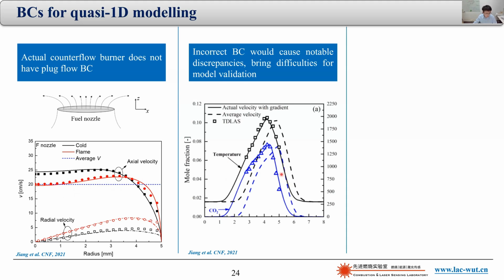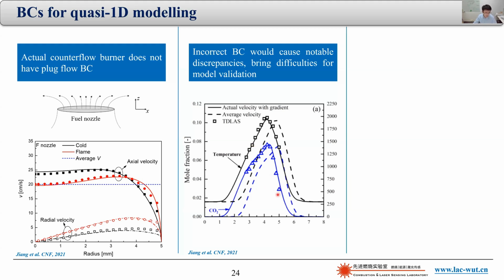Here the solid curve is the simulation with the actual boundary conditions, and the dashed curve is with the average velocity as boundary conditions. There's a huge difference, and it will be difficult to tell if your model is failing or just the chemistry is not working. So it's important to have accurate boundary conditions.